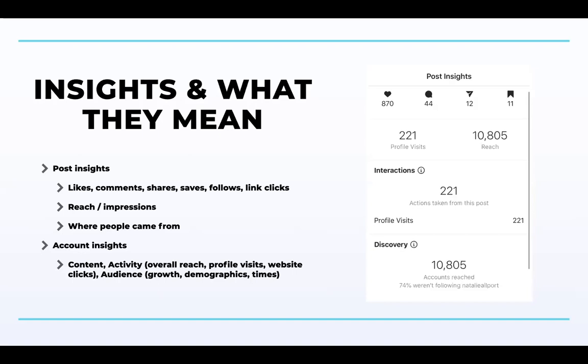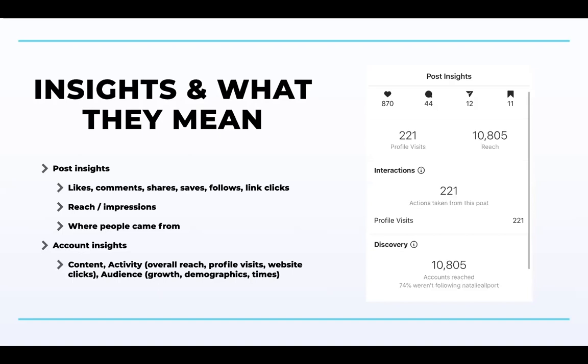Now, the two things that I like to pay the most attention to, apart from comments, which are very meaningful because you're getting engagement, are shares and saves. I find these extremely valuable because what Instagram likes to see, especially when the algorithm is deciding if a post is going to be shown to more people, is shares and saves, because it's showing that people are spending a lot of time on your post.